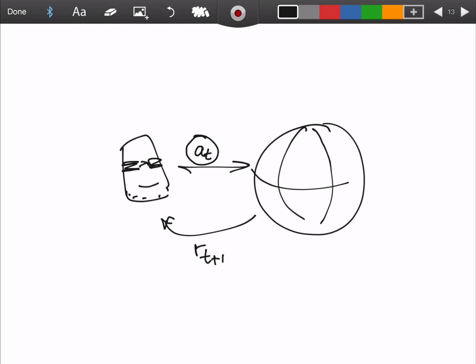The world is currently present in some state S_t. I'm assuming that I can fully observe this state, which is of course not true in practically every setting that you can imagine, but still it is a very useful formalism to assume a fully observable state. So I know in which state my game is. For example, I can see all the pixels of my Pac-Man game on my screen.